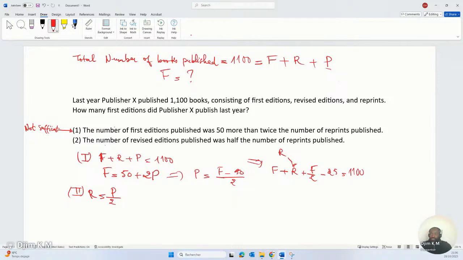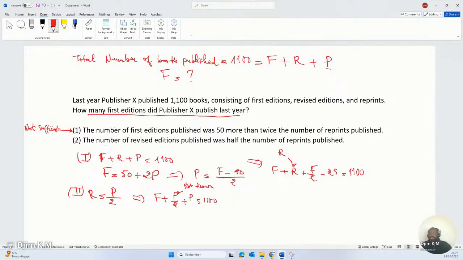So we try to replace R here by P divided by 2 plus P. Taking the second condition alone, we still do not know the value of P. We will have an equation with two unknown values, so it will not be possible to determine how many first editions were published.